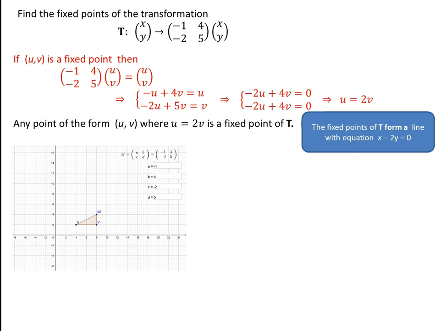So we're expecting the points on that line to be fixed by the transformation.